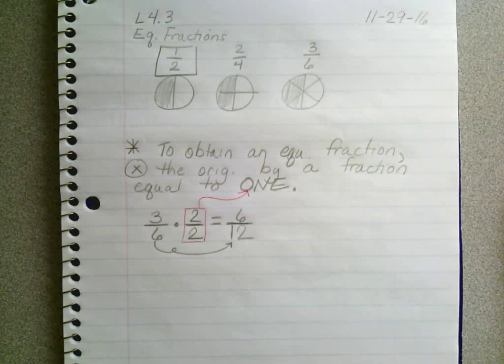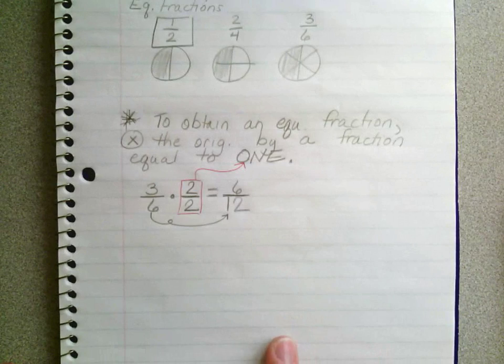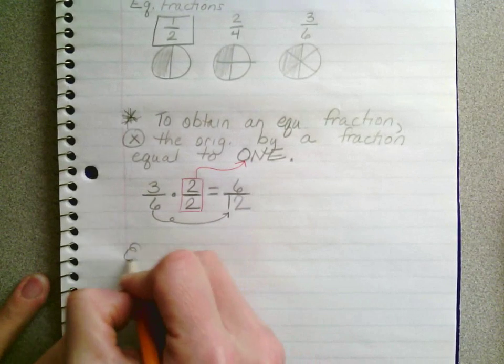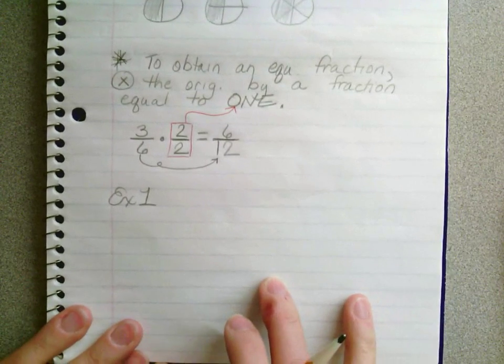So let's go through the various examples using this asterisk rule here. First of all, let's just say example 1. This one is the easy version.